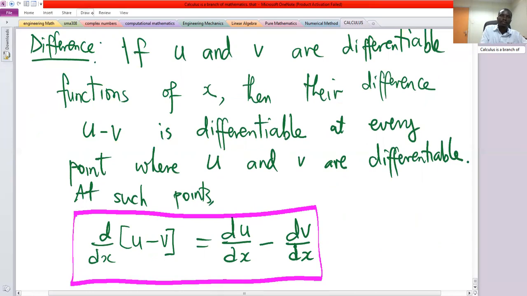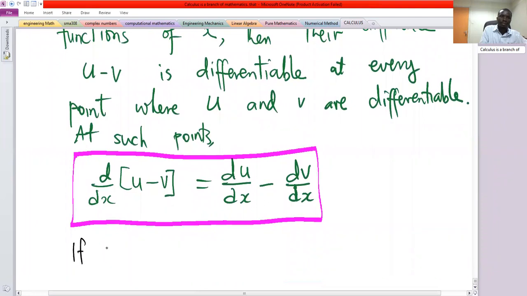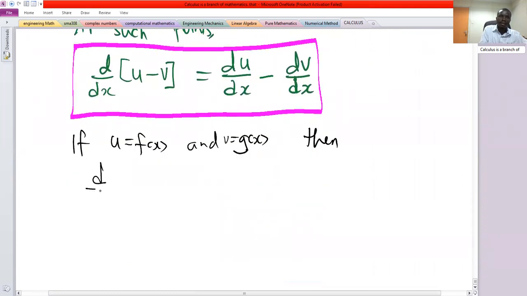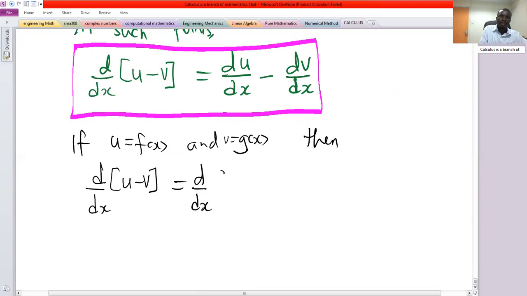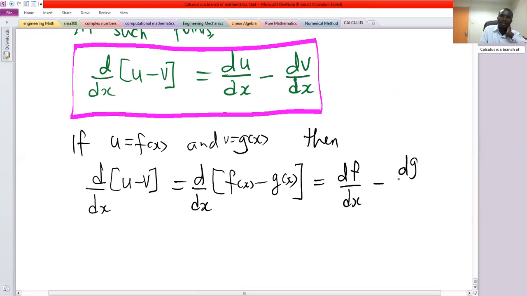Similarly, in functional notation, if u is f of x and v is g of x, then we can write the difference rule as d/dx of u minus v is the same as d/dx of f of x minus g of x, which is df/dx minus dg/dx.